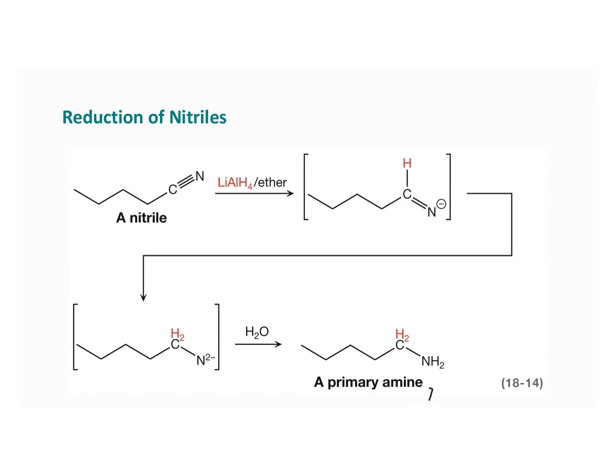Well, it's the nitrogen atom, right? And when you do an acid workup on the nitrogen atom, it gets protonated twice until we end up with a primary amine here. So this is a nice way to take a nitrile functional group and convert it to a primary amine functional group.